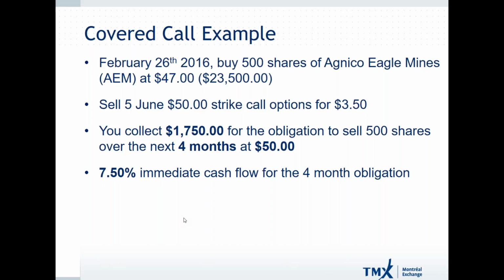What that means is that as soon as we sell that call option, that $3.50 per share, or $1,750, goes directly into our account, and that creates a little bit of a buffer for our position. That means we can essentially weather a 7.5% drawdown in the underlying share price before we're actually at a loss, because the premium that we've collected is offsetting that depreciation in share value.